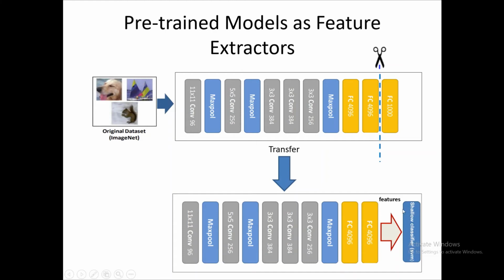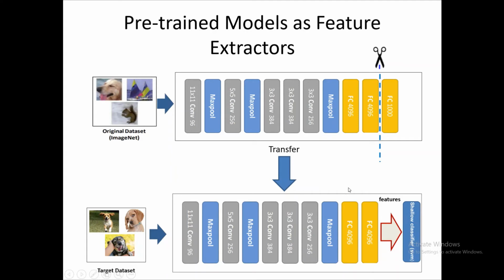And what we have here is the target data set, whose similarity with the original data set is high. We use this pre-trained model as a feature extractor, and once we get the features, we use these features to train the shallow classifier, which is designed according to the new data set.